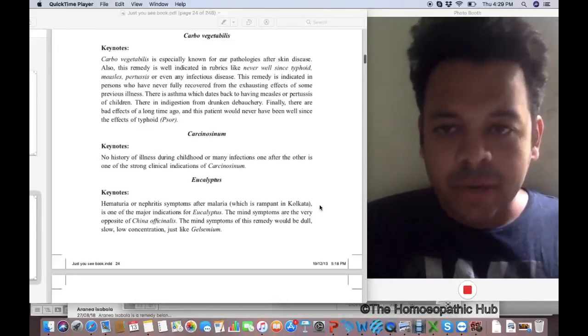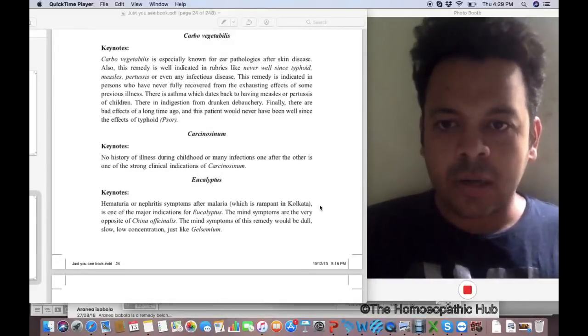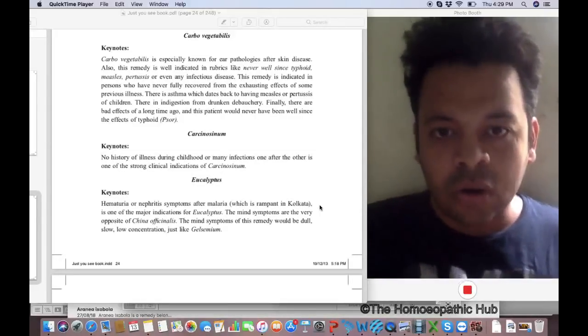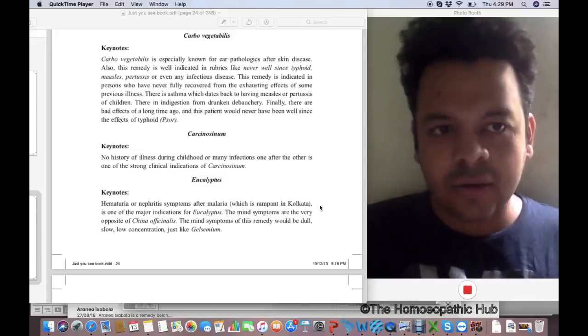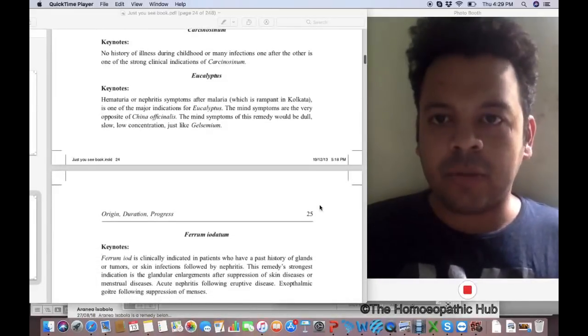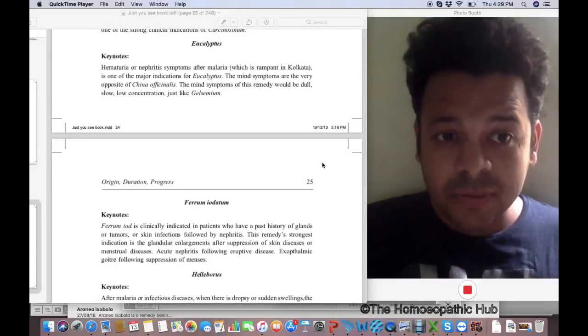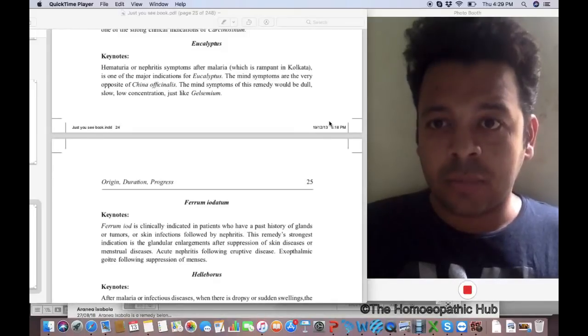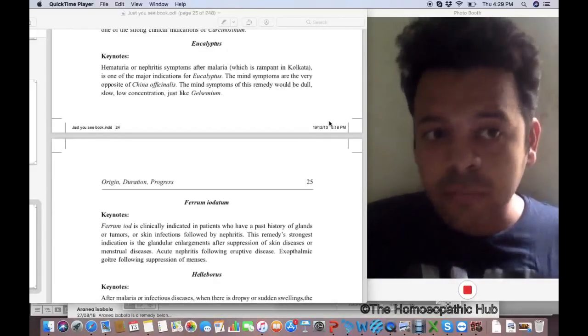We come to the next remedy, carcinosin. Remember, carcinosin either will have no illnesses from childhood till now, or will have recurrent illnesses. We come to the next remedy. The remedy eucalyptus is a top remedy also. The main symptom of eucalyptus is after malaria.